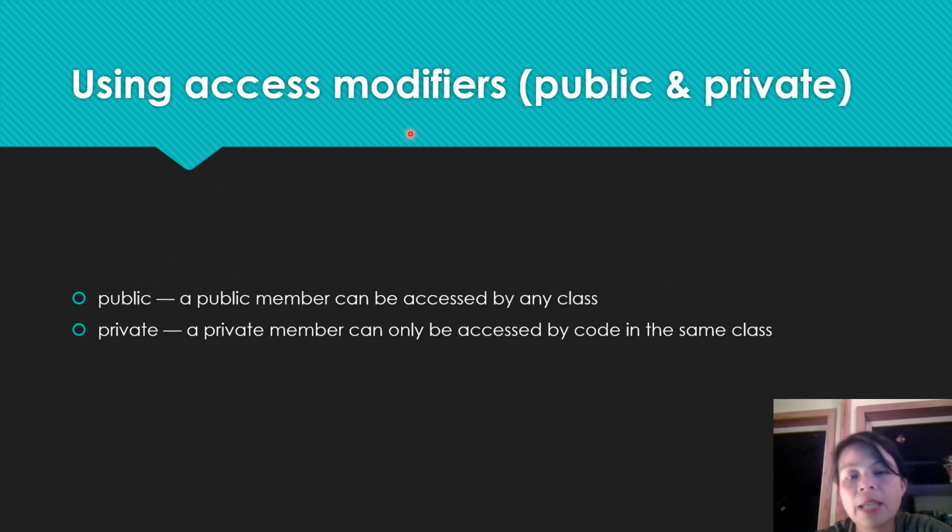So, using access modifiers, public and private. We've looked at this before, but we haven't really talked about it. You use public when it's a public member that can be accessed by any class. Private is when you want a private member that can only be accessed by code in the same class.